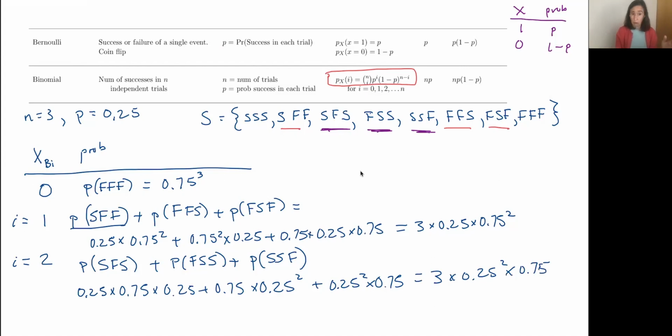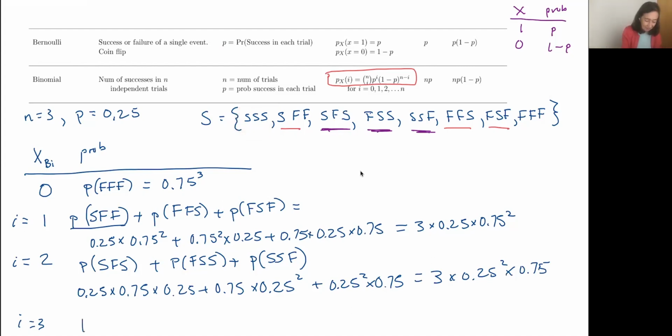All right. And then for the third possibility here, for i equals 3, this one's a little bit simpler. There's only one way we can have 3 successes. That's by having 3 successes in a row.